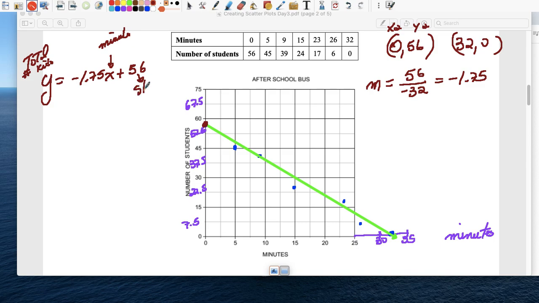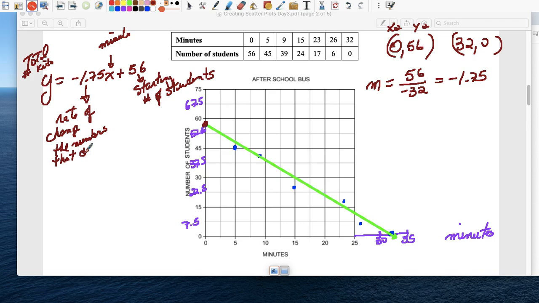So the starting number of students in our story, we started with 56. And this is the rate of change, which represents the number of students that decrease per minute.